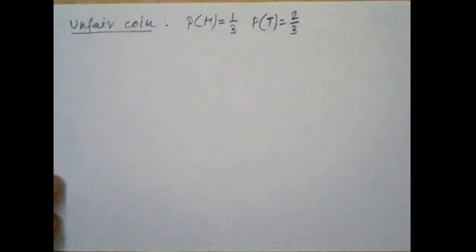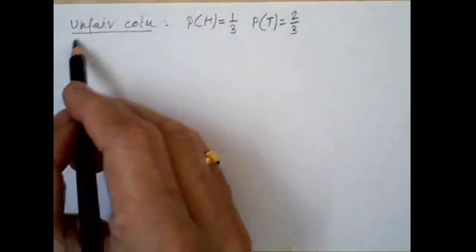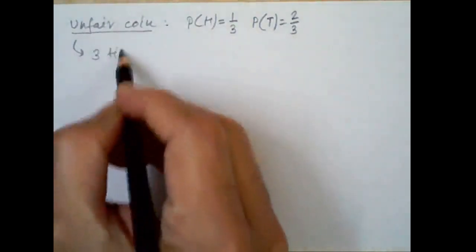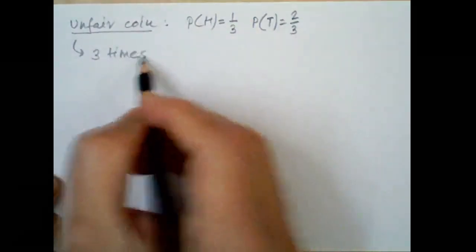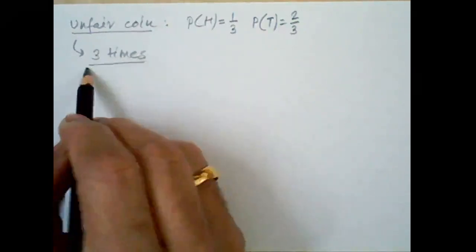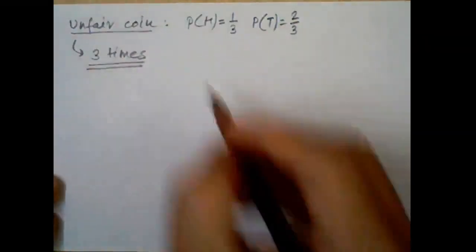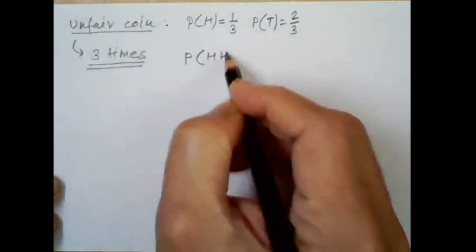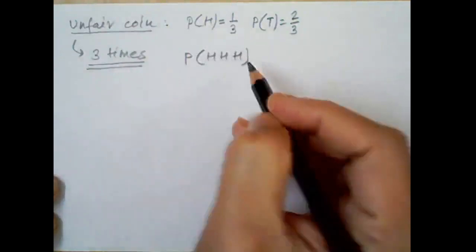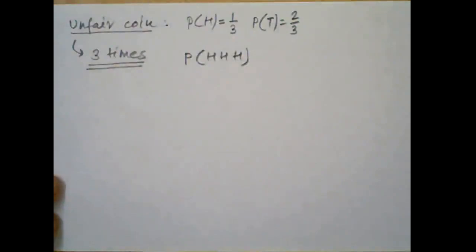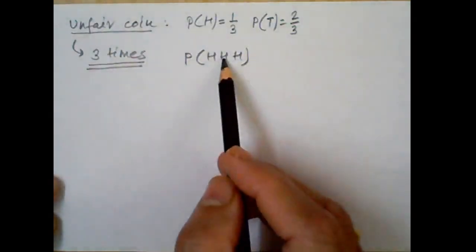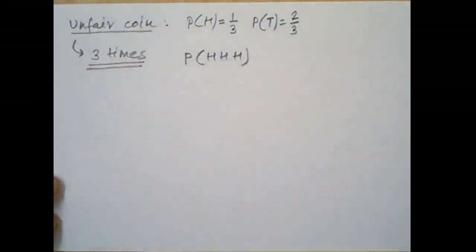The experiment here is that you toss this unfair coin 3 times. The question we want to answer is, what is the probability that you will get H, H, and H? Meaning getting heads in the first toss, heads in the second toss, and heads in the third toss.